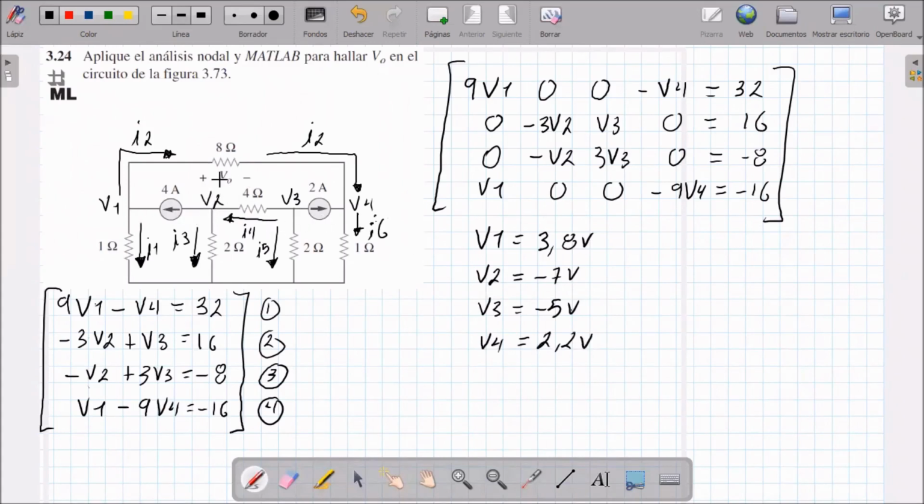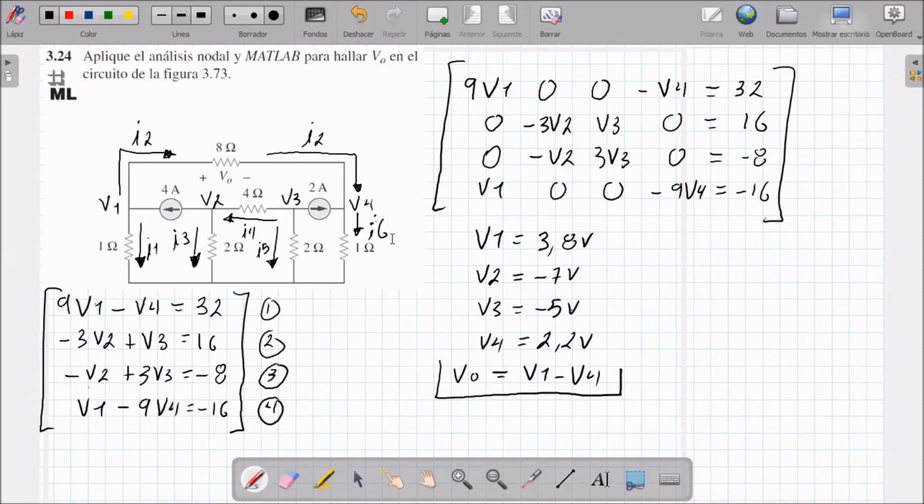They are the voltages at the different points, and the exercise asks me to determine the voltage V sub-0. The voltage V sub-0 that you see here, since the current goes in this direction, is equal to V1 minus V4. Because if I say V1 minus V4 over 8, that gives me the current, but if I multiply by 8, it will give me the voltage, so the 8 and 8 cancel, and this will be the voltage V0.